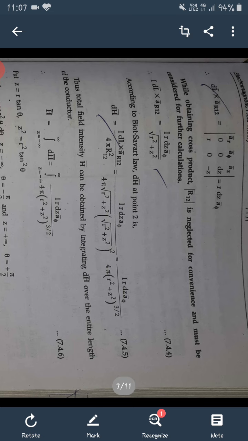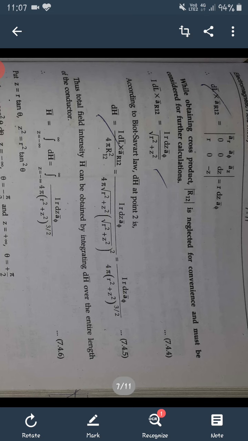So now I dl cross ar12 equals I r dz a phi, divided by square root of r square plus z square. That means now we have considered the denominator, that is the magnitude of r12.